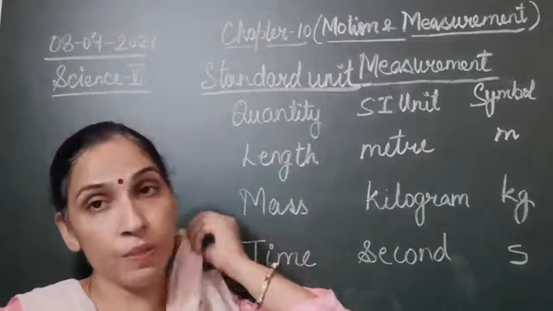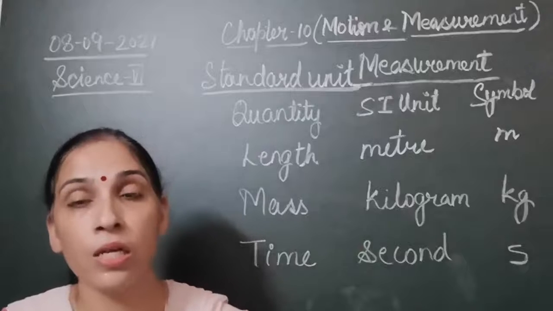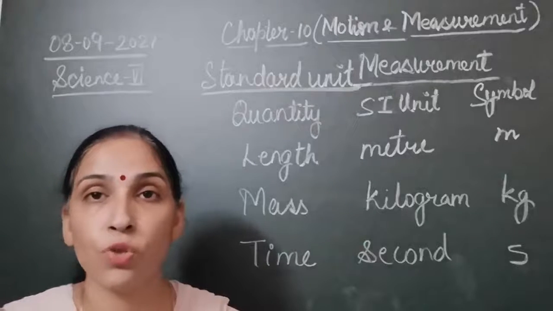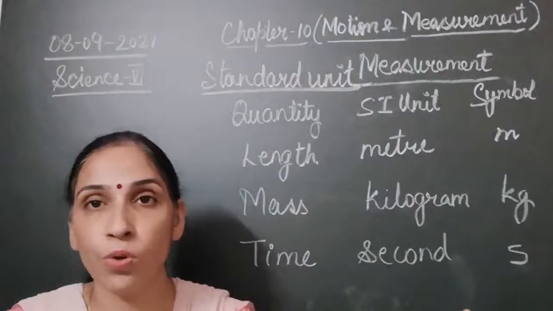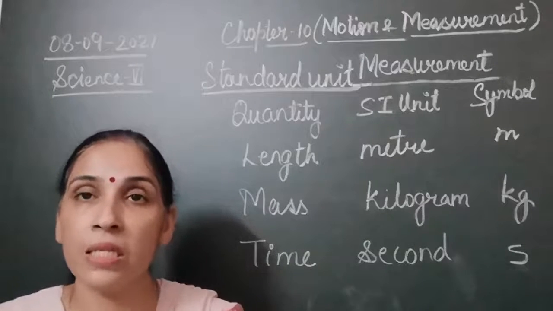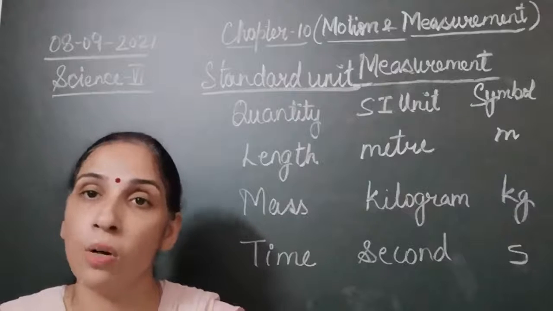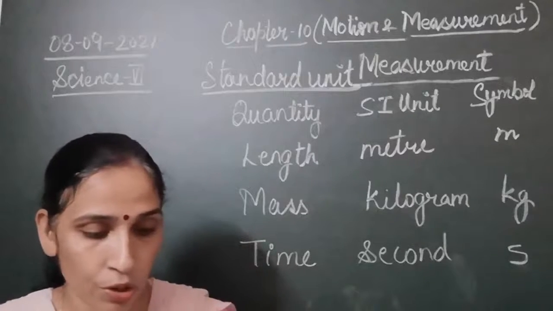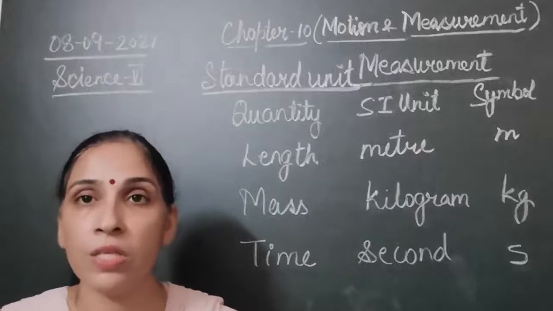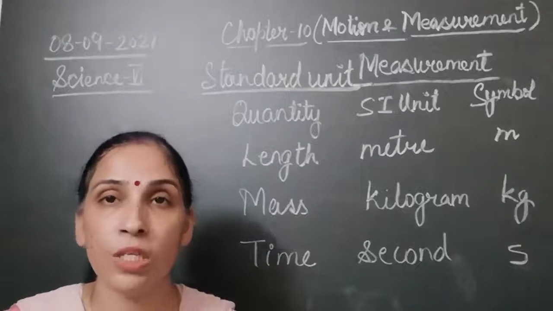This SI system, the Standard International System of Units, is used globally. Wherever you go, you are going to measure distance in kilometer, meter or miles, and that will be the same everywhere. How it helps us in measuring distance, we will do tomorrow.